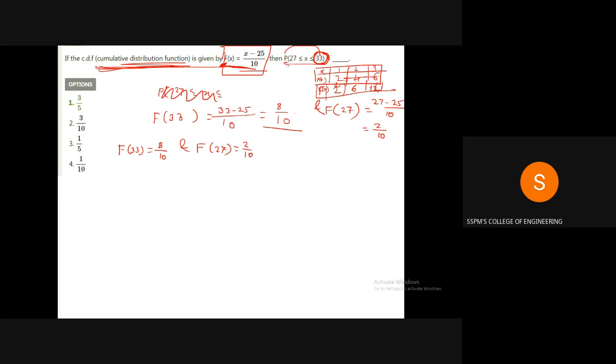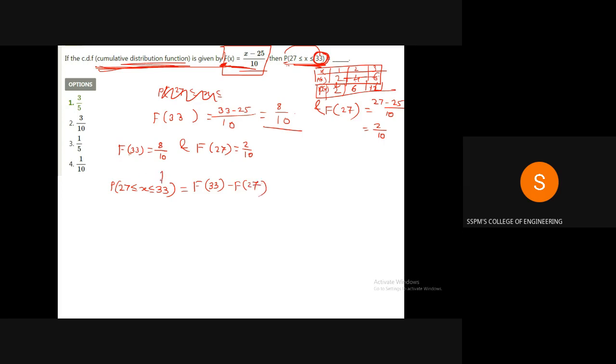So now we have to find the probability of x between 27 and 33. So we will subtract this. Probability of 27 less than or equal to x less than or equal to 33 is equal to f of 33 minus f of 27.